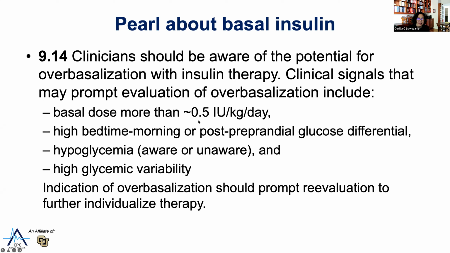If they're telling us symptoms or showing signs of hypoglycemia unawareness, if they're having frequent hypoglycemia, or if they are not aware of their episodes of hypoglycemia, or if their glucoses are really going up and down quite a bit, so high glycemic variability. And so if we have these signs of overbasalization, then we should be thinking about reevaluating and further individualizing therapy. Usually that means cutting down the basal insulin dose and thinking about the rest of the day's glucose control.